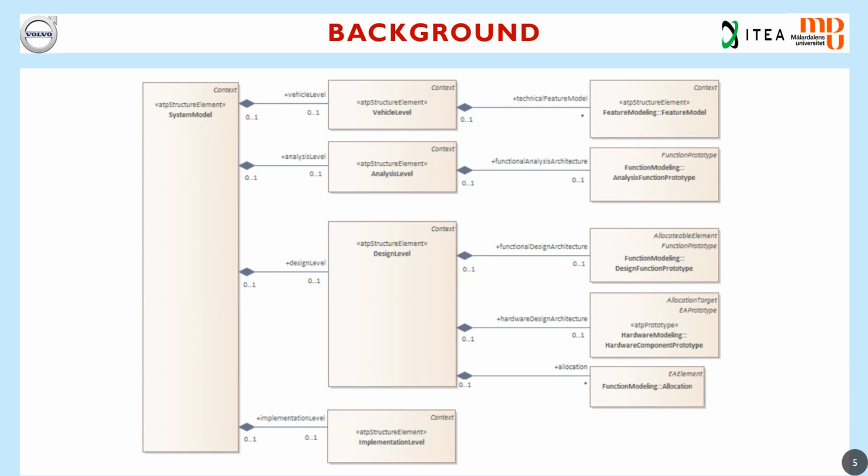The system model is the top level container of the eSTDL model. It basically contains the system and its concepts related to the different levels of abstraction like vehicle level, analysis level, and design level.